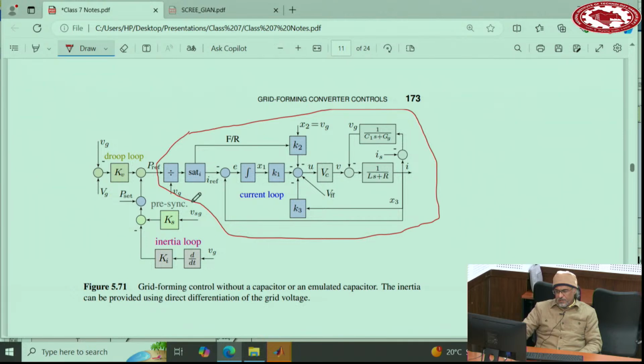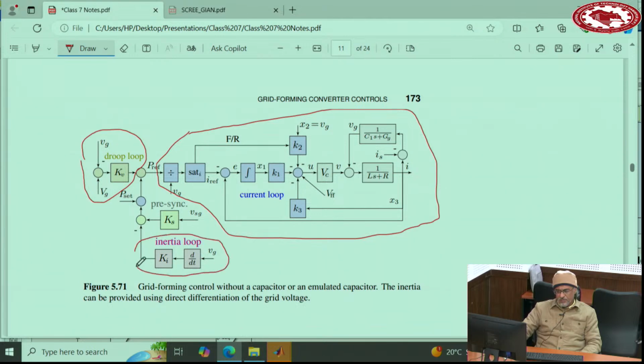Now, this approach here, which will work for DC, but it may not work for AC, says I'm going to add a droop term here. So this is static droop support. And then I'm going to add an inertia term here.